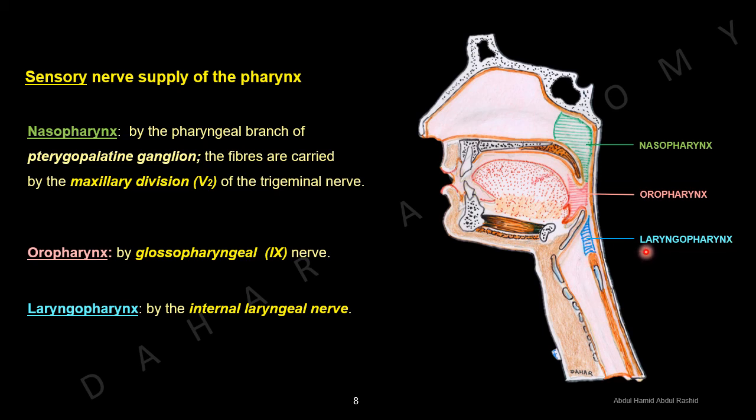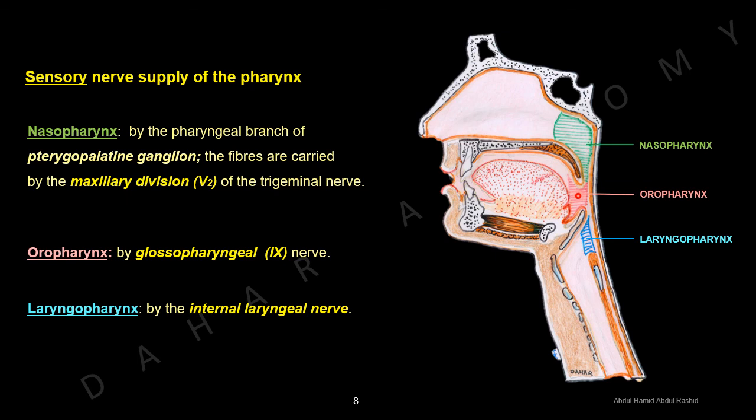Now, what is the sensory supply of each part? The nasopharynx is supplied by the pharyngeal branch of the pterygopalatine ganglion. The fibers are carried by the maxillary division, that is the second division of the trigeminal nerve.